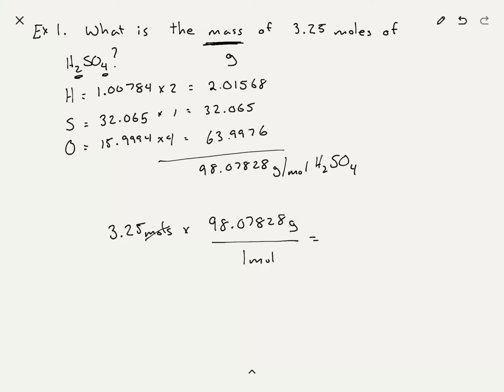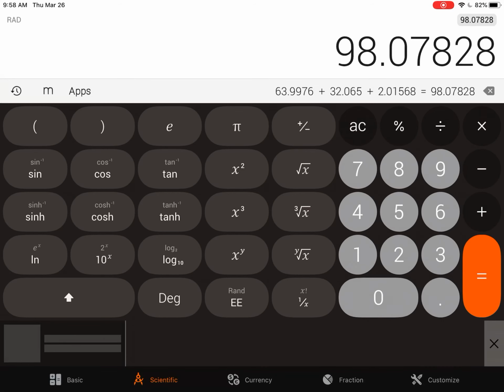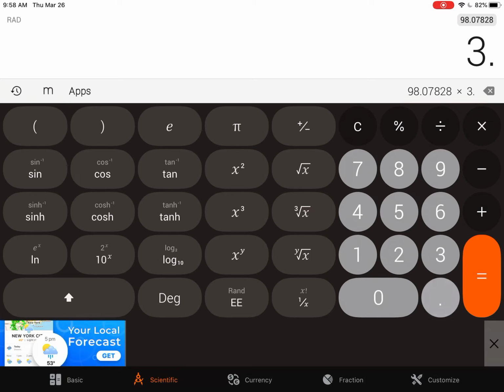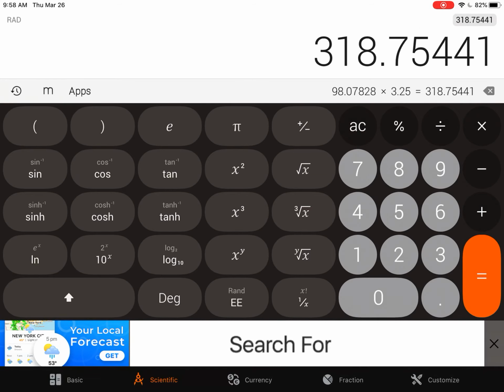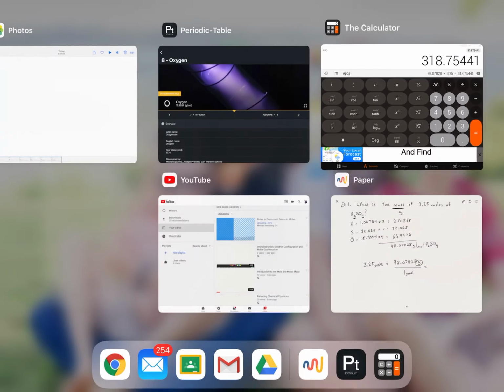And that will tell us how many grams we have of H2SO4. So we're going to take our final number here, we're going to multiply by 3.25. We get 318.75441.